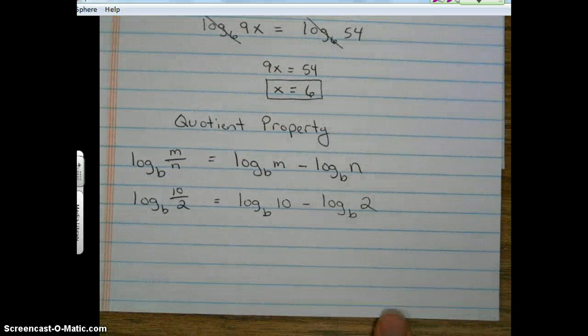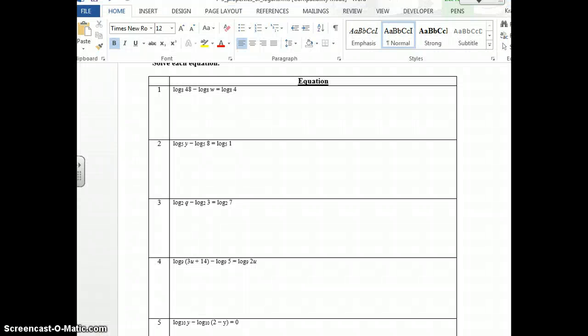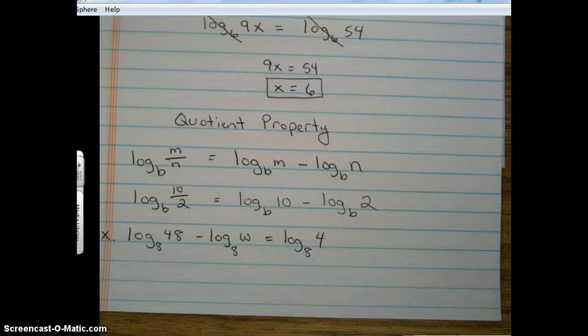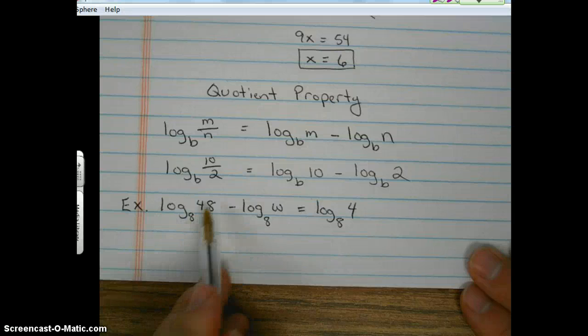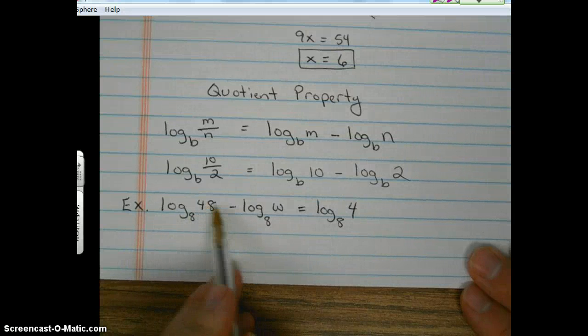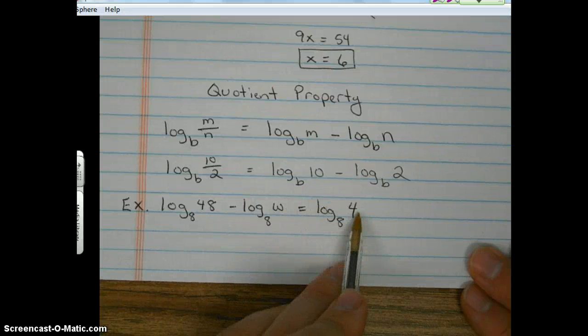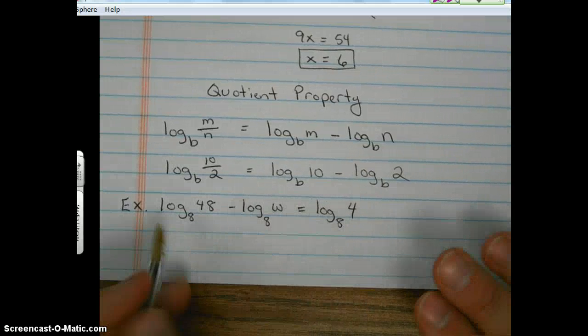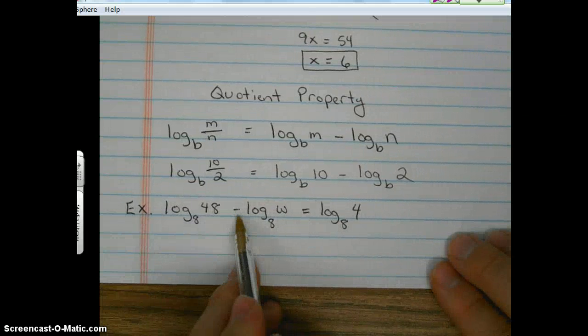So let's look at an equation where we need to solve. Okay, let's look at this example. We have log base 8 of 48 minus log base 8 of w equals log base 8 of 4. Remember, when you look at this, what you're looking for is the operation.